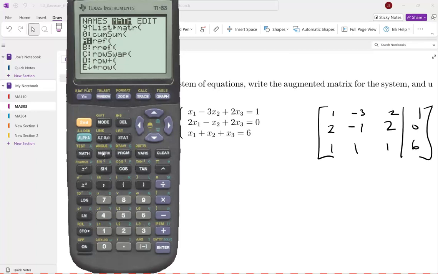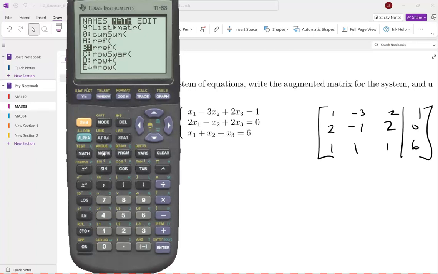So notice there's a row echelon form and a reduced row echelon form. We're not ever going to use the row echelon form command because with reduced row echelon form, I can just read the answers off, right? The row echelon form saves you some computations, but generally speaking, it's not very helpful for us to read the solutions off because then we have to go back and do the back substitution.